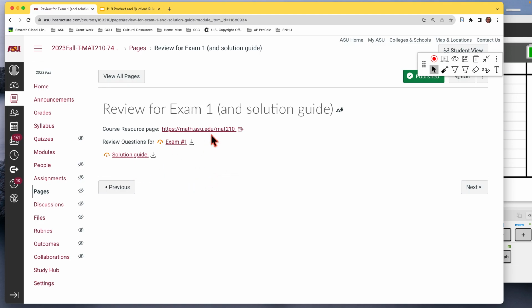It's a PDF. And there's also this link to ASU's math department's MAT210 website, which has one for each class. And that's where these are posted as well. They're posted there for test 2, test 3, and the final exam. I'm just making them available here as well, a little bit easier.